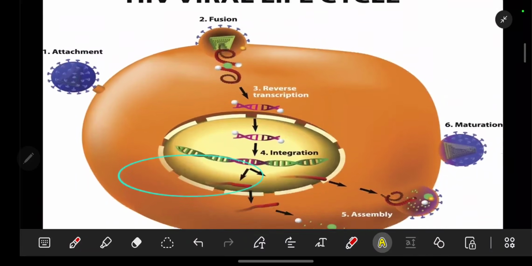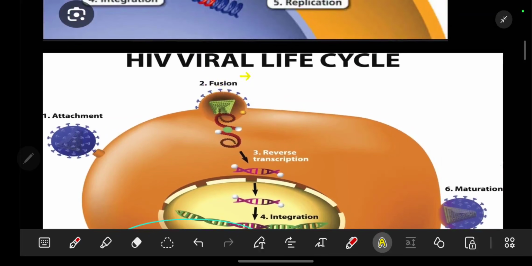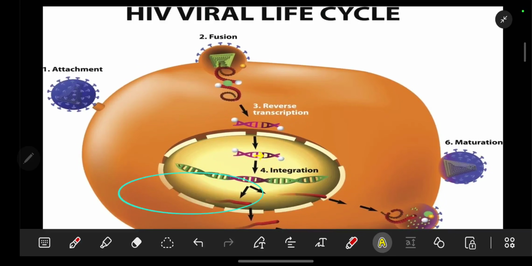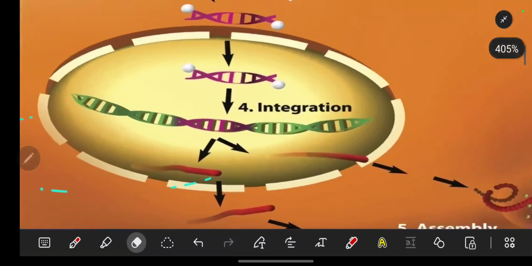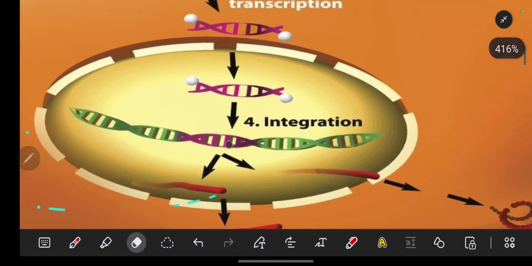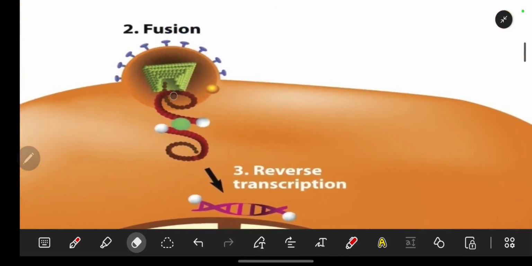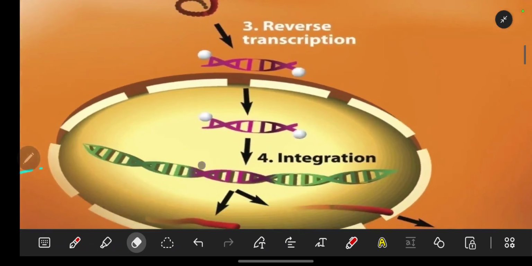Let's see other diagrams that we have. So attachment, we have fusion, then reverse transcriptase. From reverse transcriptase there will be integration. The virus is attached here. The virus came as RNA, then it is converted into DNA. From DNA it is integrated in the genetic material of the cell.